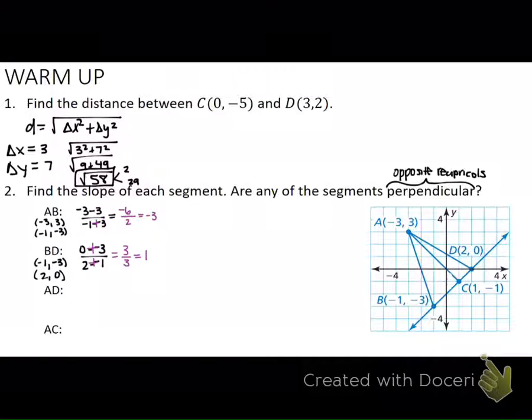AD, A is negative 3, 3, and D is 2, 0. So we do the slope, that's 0 minus 3 over 2 minus a negative 3.